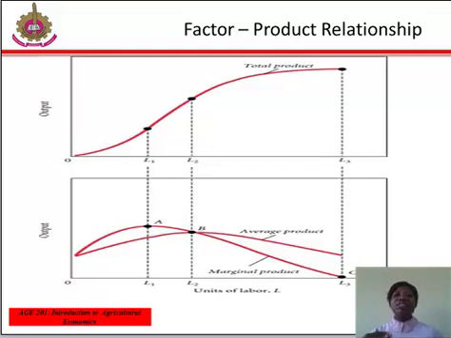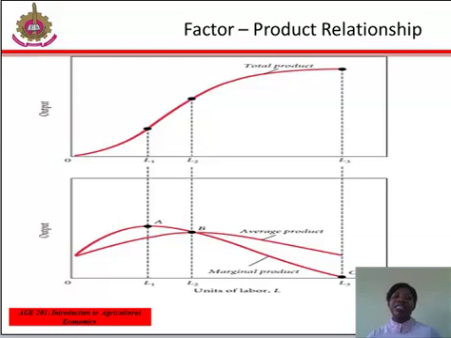It is a stage of decreasing positive marginal returns and decreasing returns to scale, and the elasticity of production in stage 2 is between 0 and unity. And lastly, it is a stage of rational production where output and profits are maximized and input is used optimally.